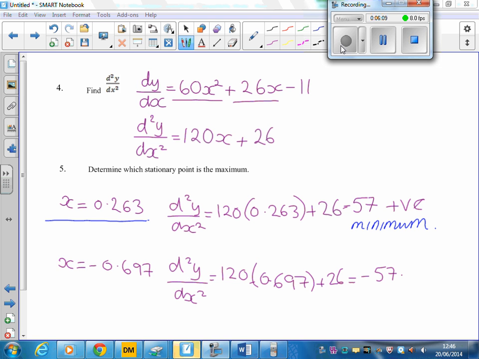So this time I've got a negative value as my solution, so I know that x at minus 0.697 is the maximum point.